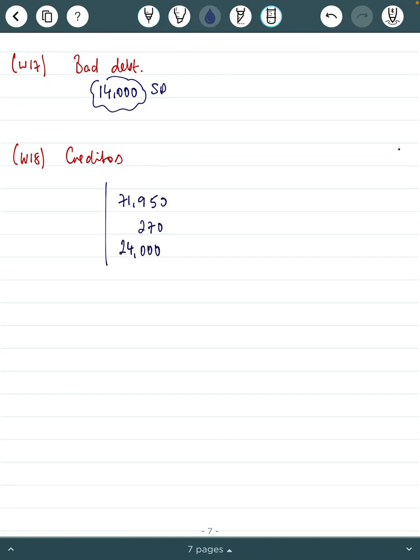Sorry, it's not creditors. Okay, we are set. No, hold on. Sorry, it is creditors, yeah. Because the invoice for these goods has been received. All right, so that means we have not paid our creditors yet for it. Okay, they would be the VI, VII, and VIII workings done.